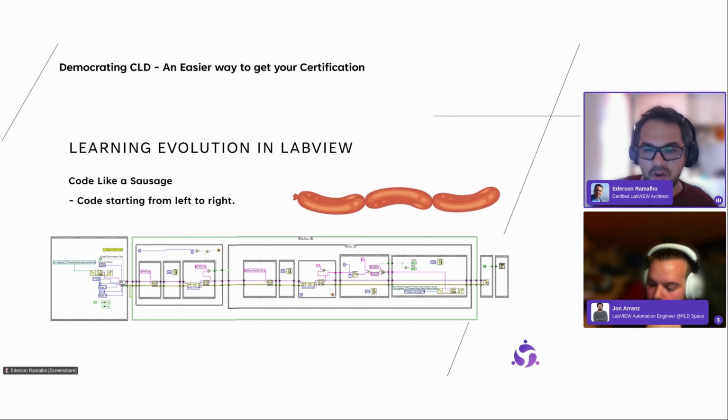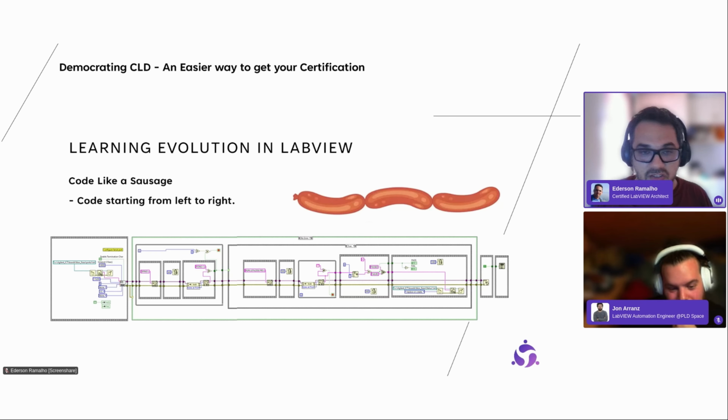We write our code from left to right, and then when we have to scale this code, we start to have a problem because our code begins to go to infinity. Maybe a customer calls us and says, look, I want you to put something here in the middle of this, to do something before we start this task, and it could be a problem.